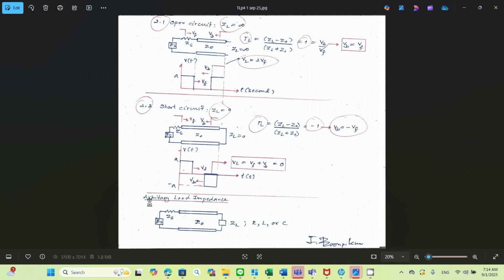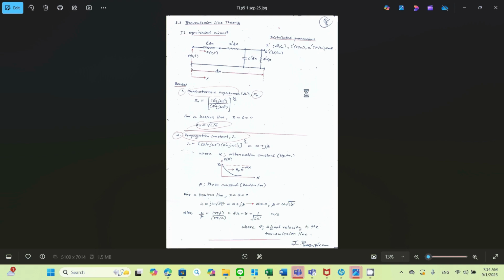And later on we're going to talk about arbitrary load impedance. In this case, your ZL can be either a resistor, inductor, or capacitor. Okay, this is the last one.